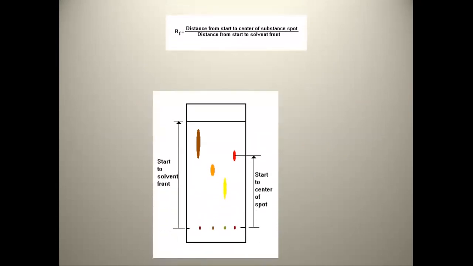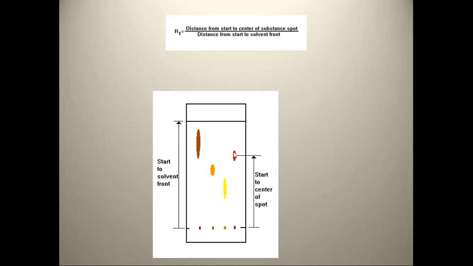Okay, so yung RF value, so sa numerator, it's the distance from the start to the center of the substance spot. Okay, so yung na-travel nung color, nung ink in our case, no? So hanapin mo yung center spot. Tapos yung sa denominator, distance from the start to the solvent front.